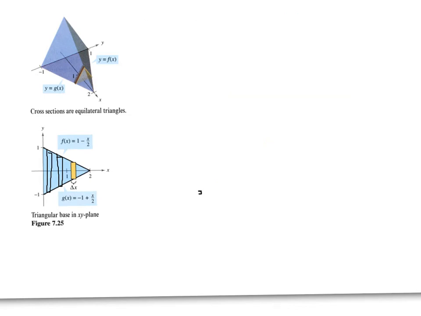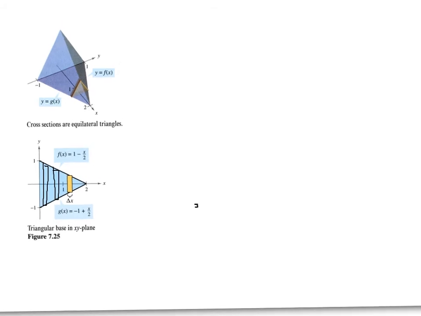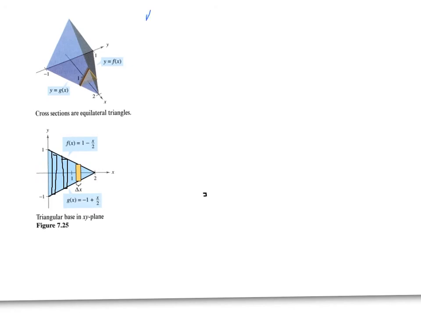Now let's use that formula to find the volume of this solid. We know for an equilateral triangle with side length s, the area of that triangle is root 3 over 4 s squared. So in this case, what you need to do is find the length of a side for this particular example. Here, the length of a side is the distance between those two curves.